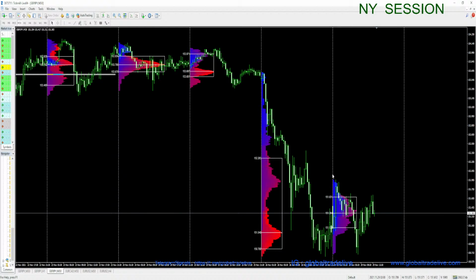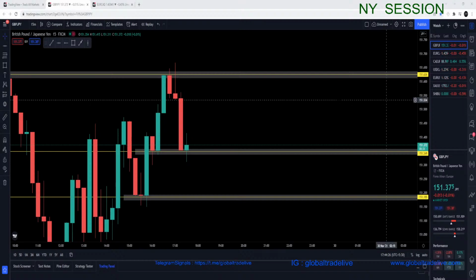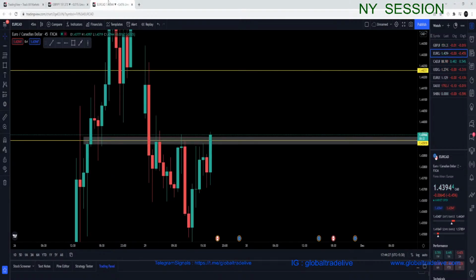Market is just garbage today in GBP especially. It's just sideways. Okay guys, get ready for EuroCAD trade. I'm gonna shift over here.